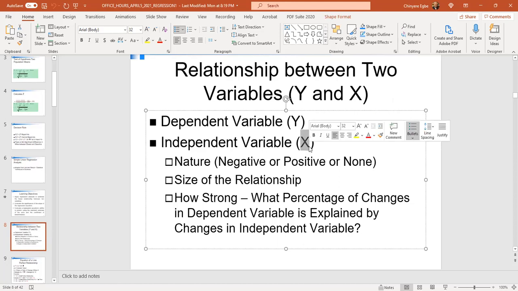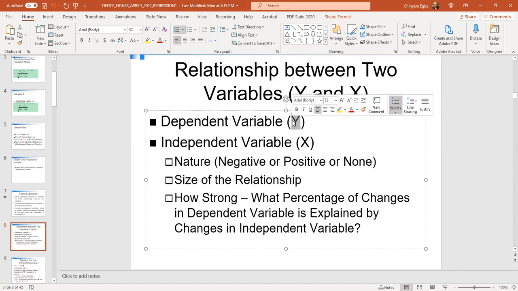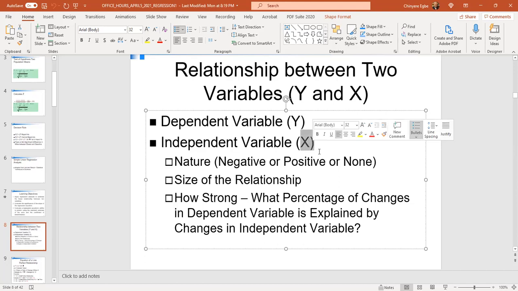It could be the size of the family, okay? That's an independent variable. And naturally, we know that the bigger the family size, the more money you spend on food. And so a dependent variable would be how much the family spends on food. The independent variable, x, will be the size of the family.